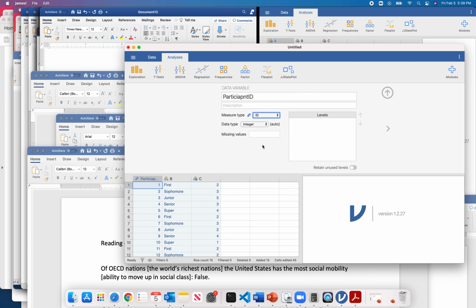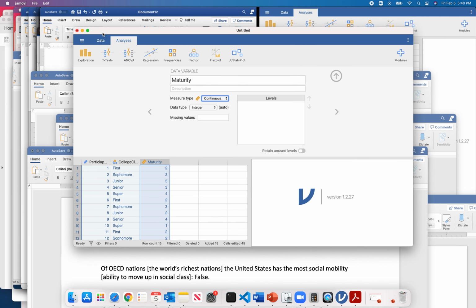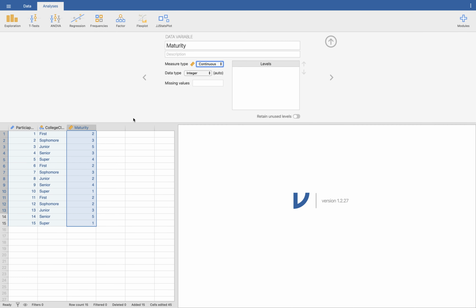That is an ID variable. This right here is college class. That is a nominal variable. And this right here is maturity. That is a continuous variable. Let me make this big so we can see.